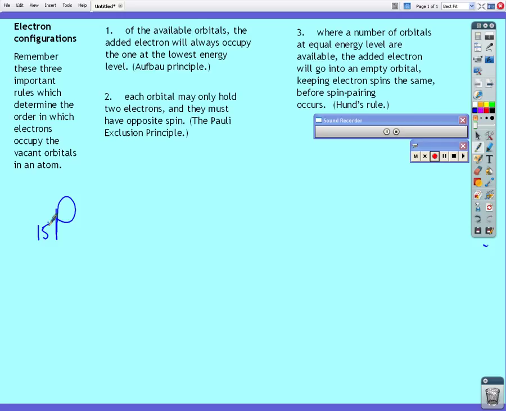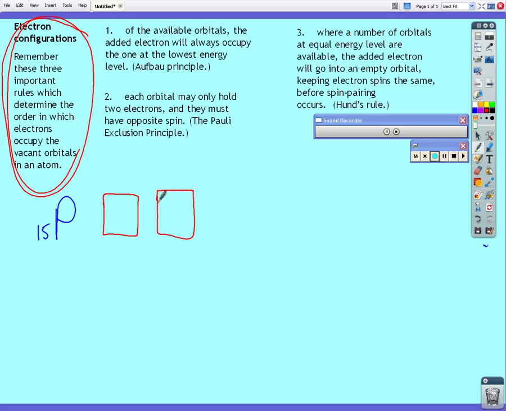So we want to now use the set of rules we've got here to find out how to write out its electron configuration using the orbitals. Well, the first thing we can do is remember, let's start by doing it with electrons in boxes. So we'll have some orbitals first.